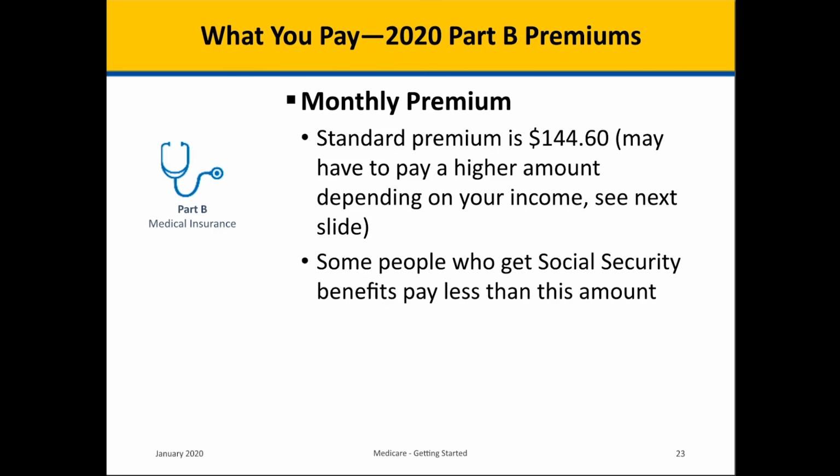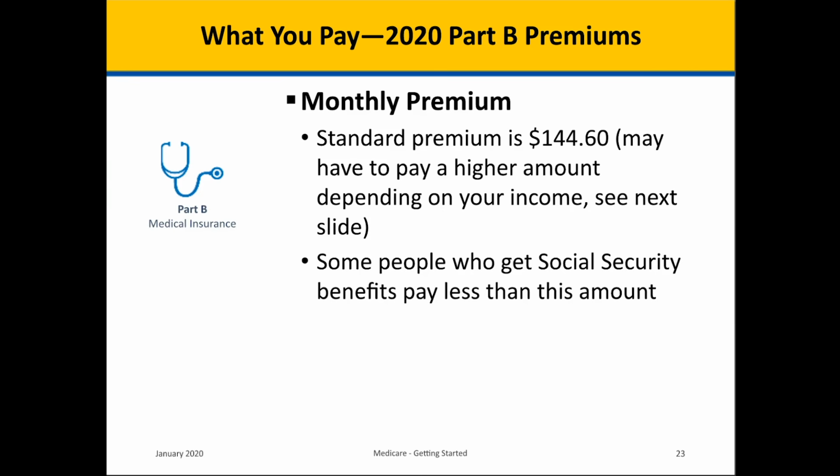So what you pay for Medicare Part B services, well, before I get to that, what you pay for Medicare Part B premium. You pay a Part B premium each month. The standard Part B premium amount in 2020 is $144.60 per month.